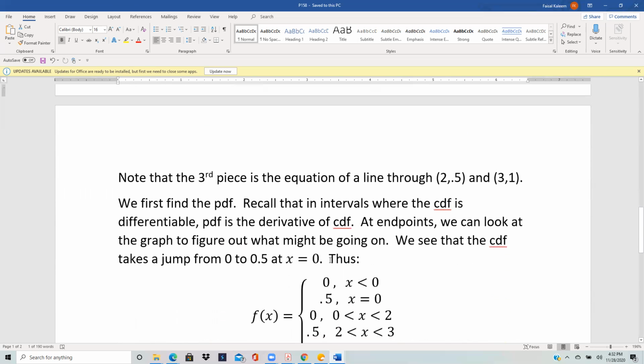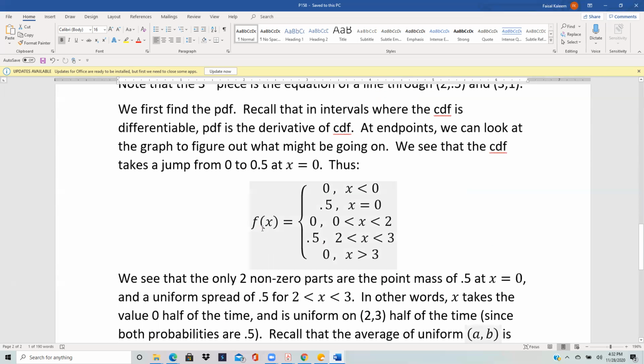That's why when we are writing the PDF, it was 0 when x was less than 0 because there was no probability until then. But suddenly 0 alone had a probability of 0.5. But then it was again steady from 0 to 2, and so the derivative of the constant 0.5 was 0. So no new probability is picked up between 0 and 2.